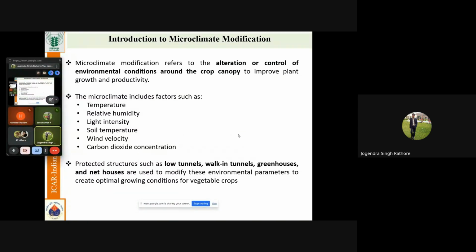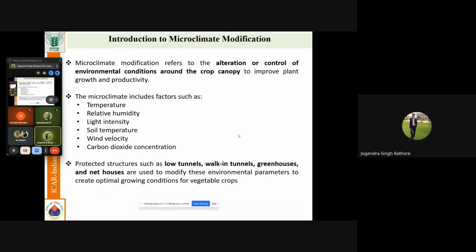As we already discussed the cucurbits, the question comes: what are microclimatic modifications? Before discussing any tunnel technology, it's important to understand the concept of microclimate. Microclimate refers to the localized climatic condition that exists around the crop canopy, the immediate plant environment, and these conditions may differ significantly from the general atmospheric conditions of the surrounding area.